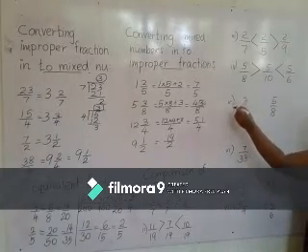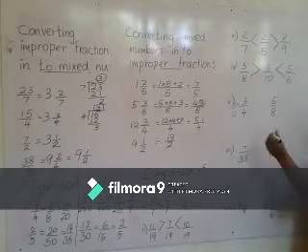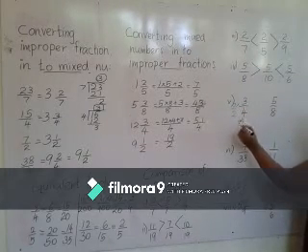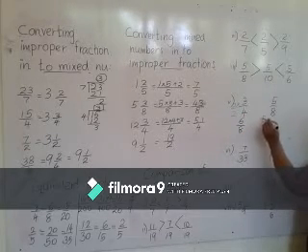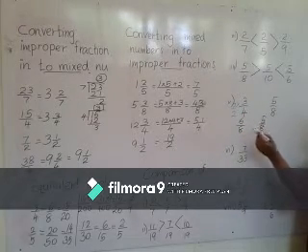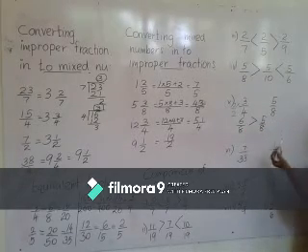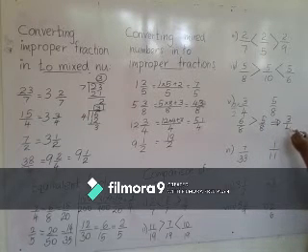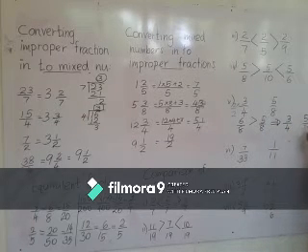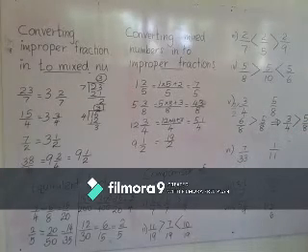Multiply by 2. 2 times 3 is 6. 2 times 4 is 8. 5/8. So what is larger now? 6 or 5? 6 is larger. So we can write 3/4 and 5/8, when we consider, 3/4 is larger.